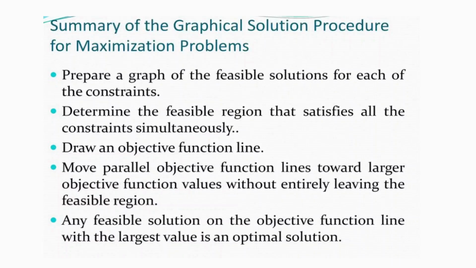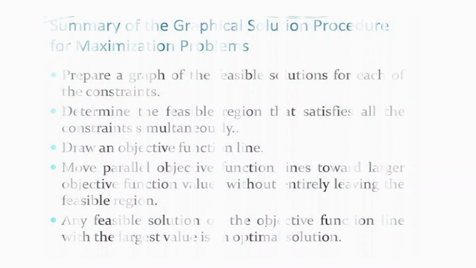So quick summary, that whenever we are doing the graphical solution for the maximization problems, you have to find out the feasible solution for each of the constraints. So determine the feasible region that satisfies all the constraints simultaneously. Move any feasible solution on the objective function line with the largest value is the optimal solution.